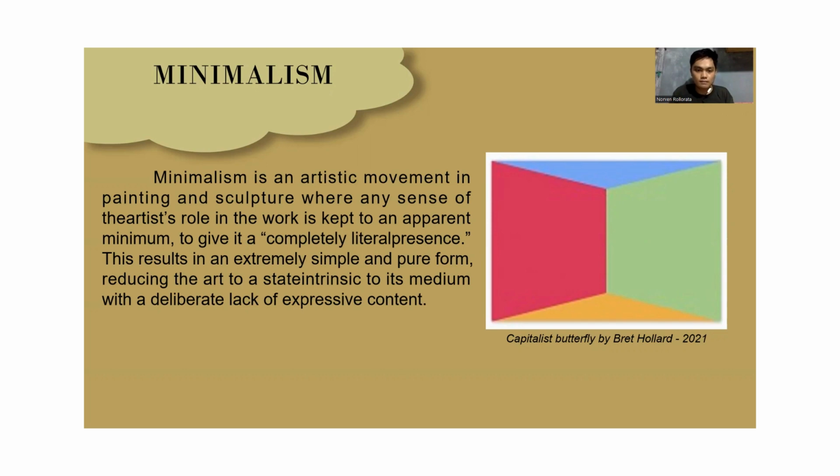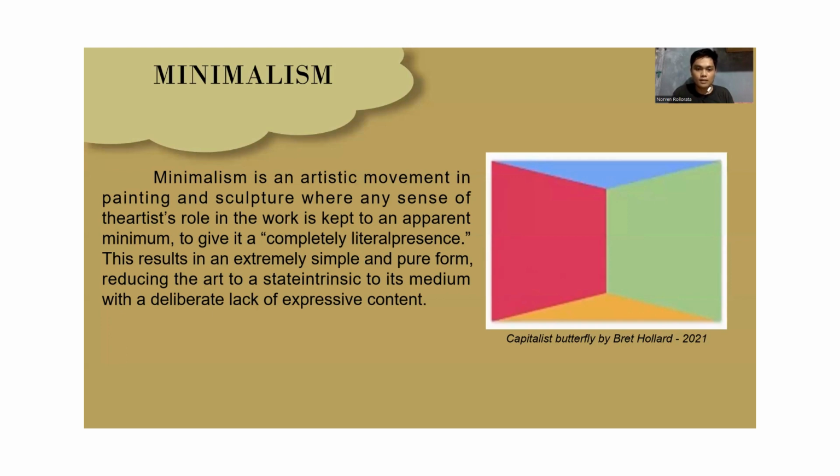Minimalism is an extreme form of art movement developed in the United States of America in the 1960s and typified by works composed of simple geometric shapes based on the triangle, square, and rectangle. For example, the Capitalist Butterfly by Brett Collard.